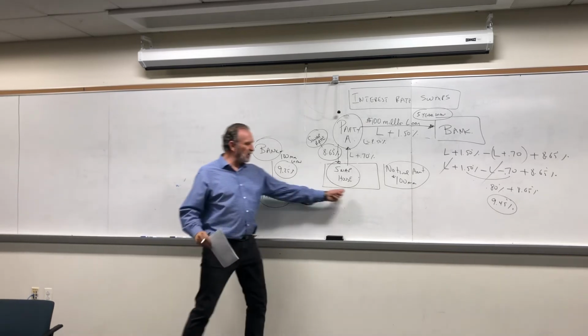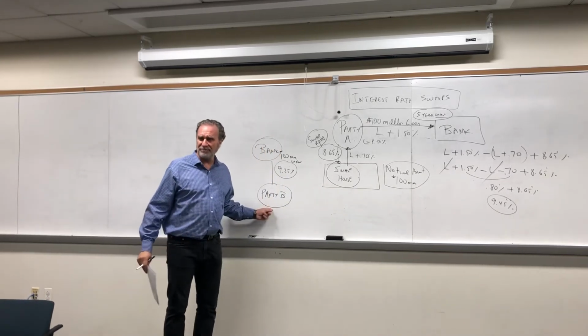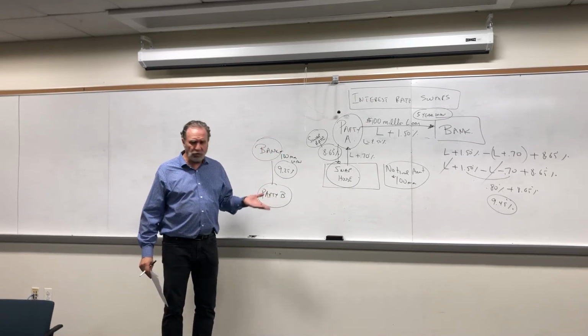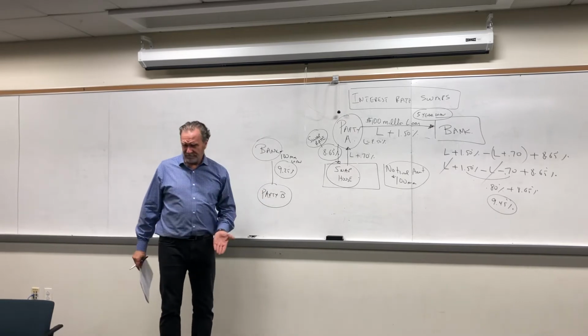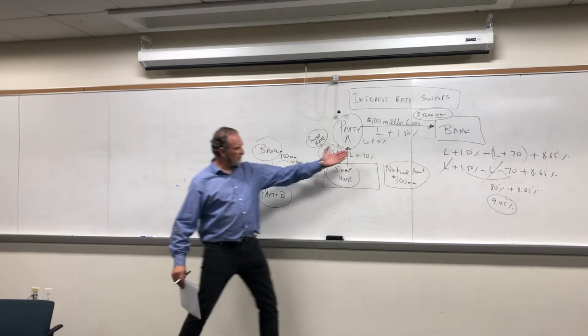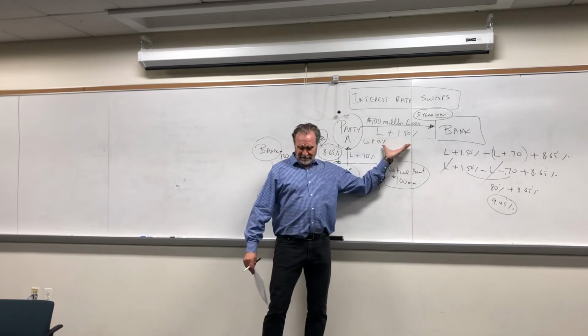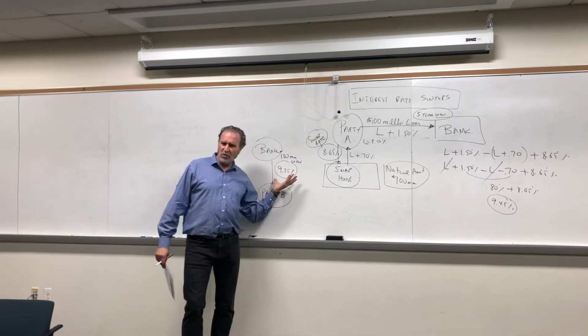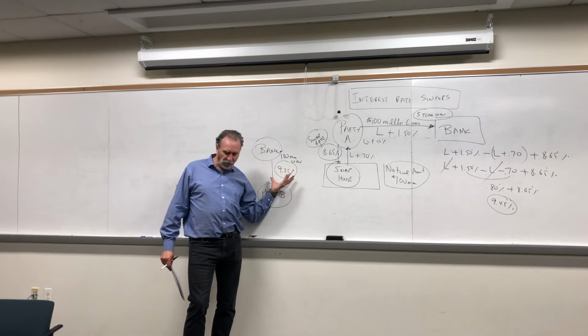So the swap house says, look, this party B has a problem. It has a view. They think the rates actually are going to stay low. And if it's only 250 LIBOR plus 150, it's 5%. There's no way I'm going to continue paying 9.25 fixed.